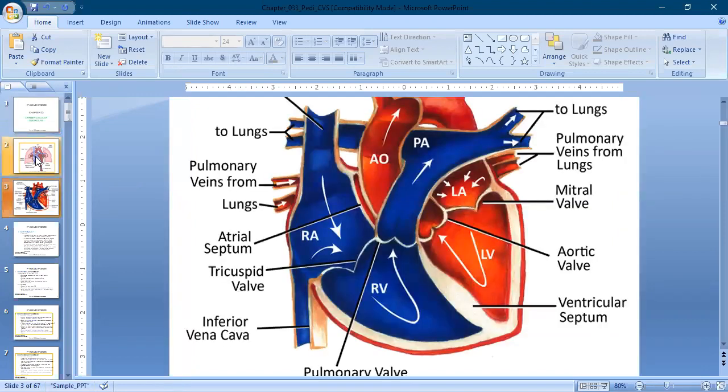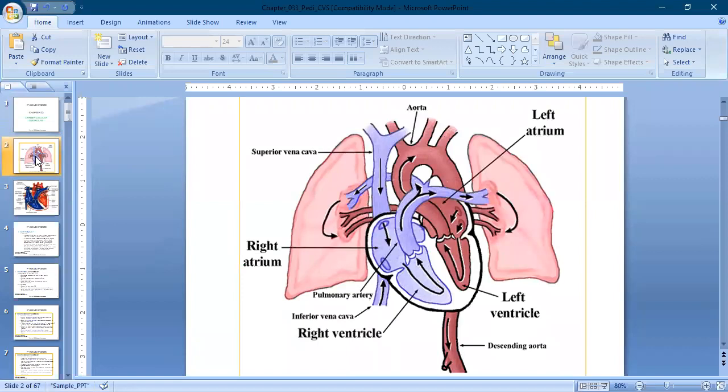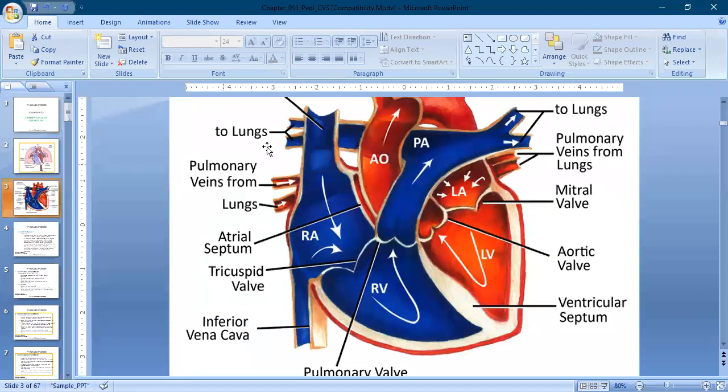Then we have to know the normal blood supply to the heart, right? So let me continue the normal anatomy first. Within a short time, I will discuss it with you.